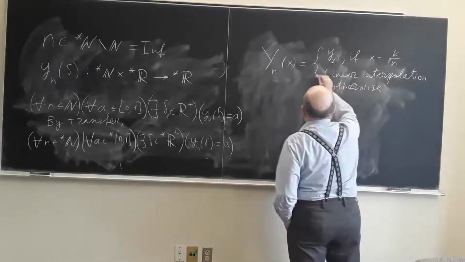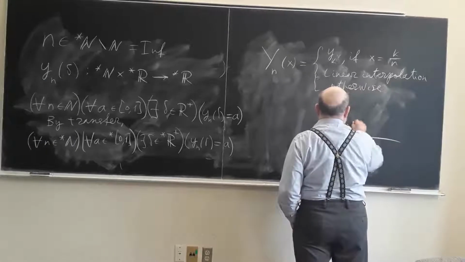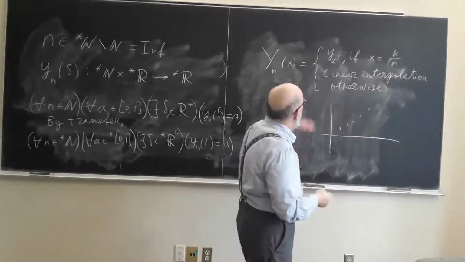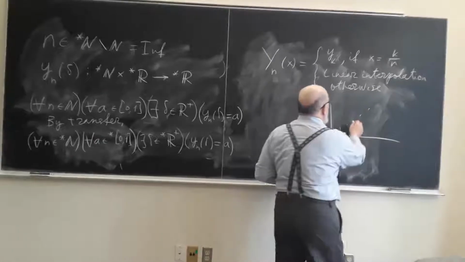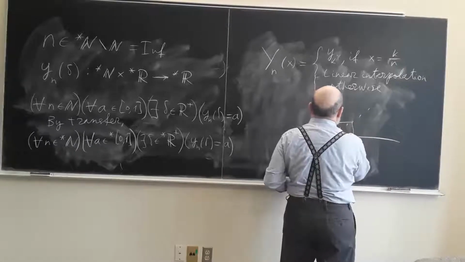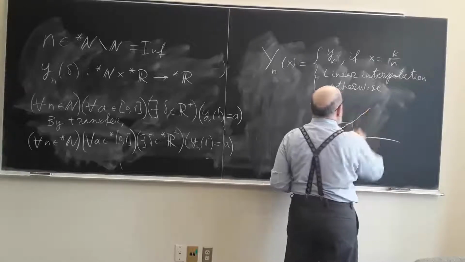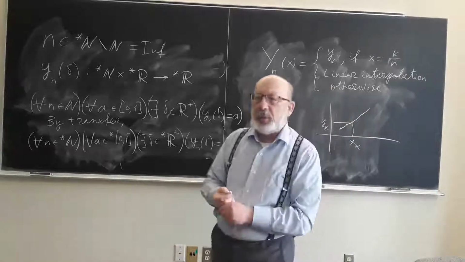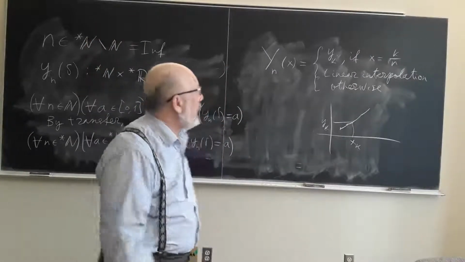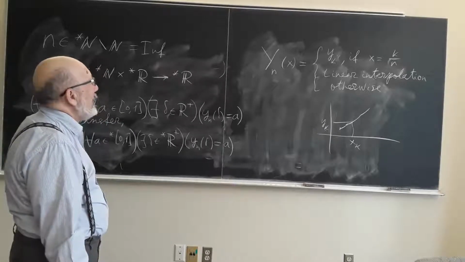The last time it was a formula, so we have these discrete points xk, yk. And now we interpolate the function linearly between them. So we have this piecewise linear function, which interpolates between these values.